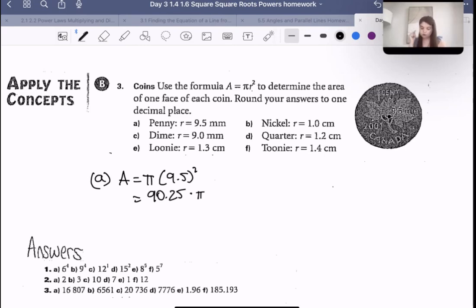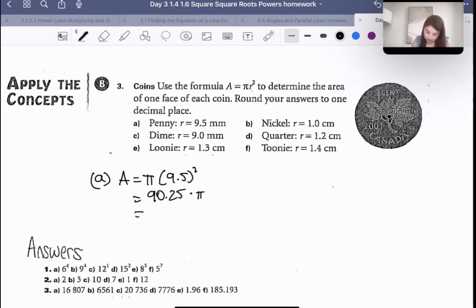So there's two ways to do pi. You can either multiply by and then press the pi button on your calculator, which is often second function 3 on a lot of calculators, not all though. Or you can multiply by 3.1415 and then press enter. 3.1415 is not exactly what pi is, but it is approximately equal to pi.